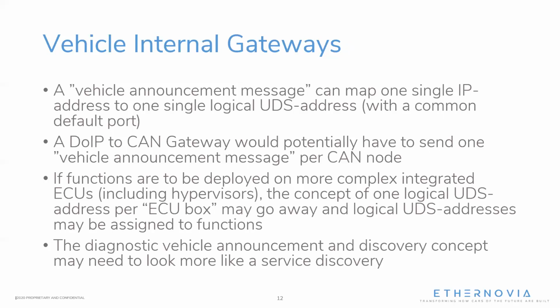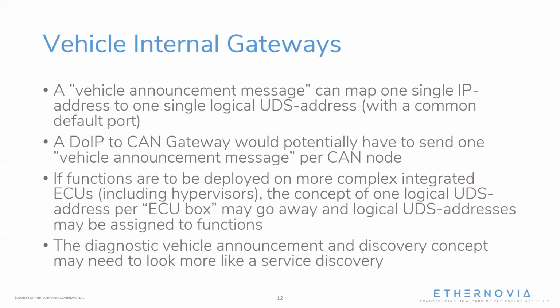This is made even worse by the fact that a lot of people are moving away from using UDS addresses as box addresses, but actually people want to have a finer granularity in diagnostics, and they would like to actually address functionalities within larger, integrated, more complex ECUs.